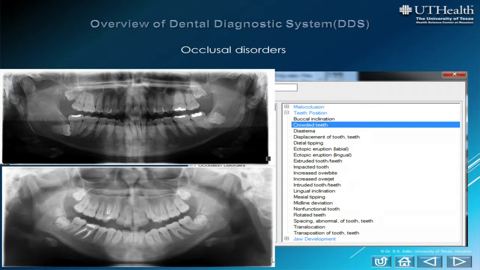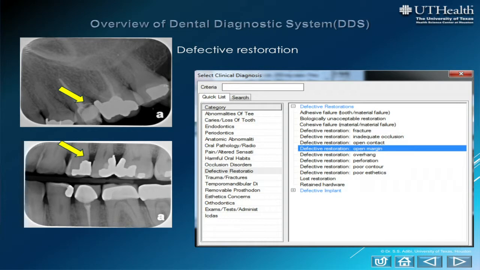The defective restorations category is divided into two subcategories: defective restorations and defective implant. Diagnosis of defective restoration can be really tricky, and care should be given to examine radiographs as well as the clinical evaluations to confirm it.